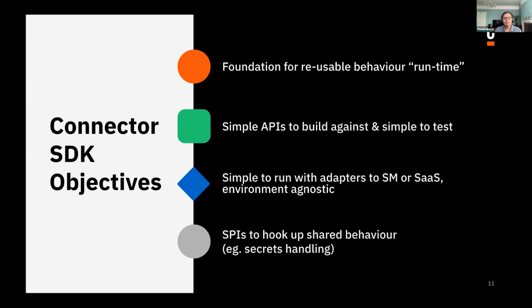So we want to provide a foundation for reusable behavior for the runtime, simple APIs to build connectors against and make it simple to test, make it simple to run a connector in any environment, whether that's self-managed or SaaS, with adapters that can run in those environments. And your connector code itself is agnostic to where it's being hosted. And an interface to hook up shared behavior like secrets.